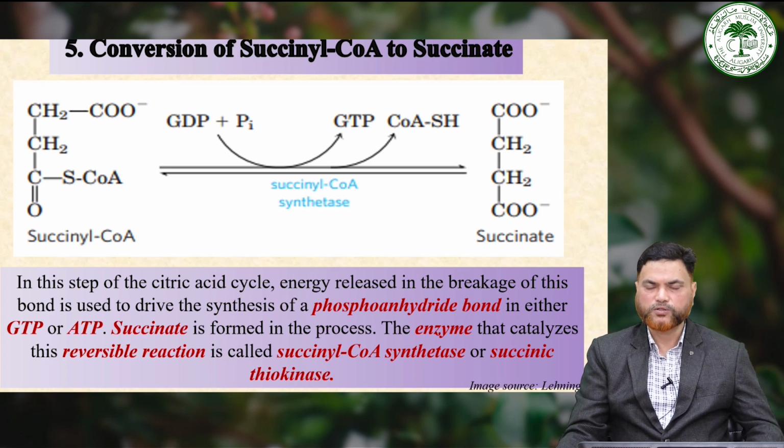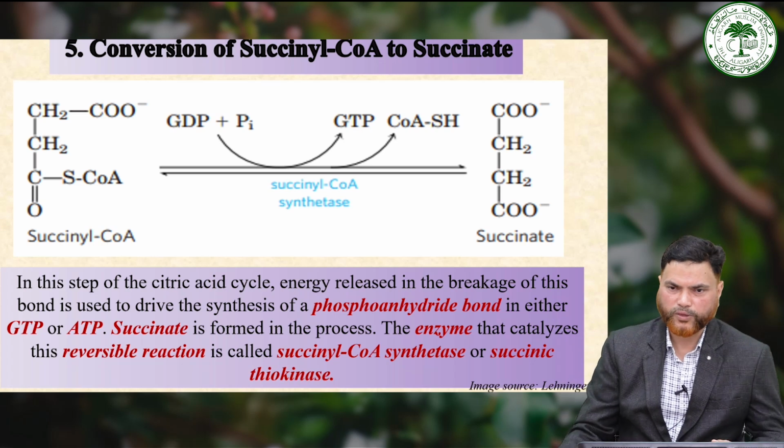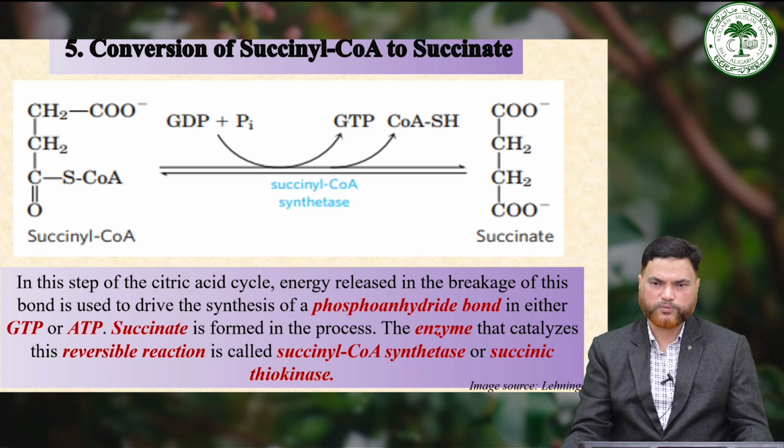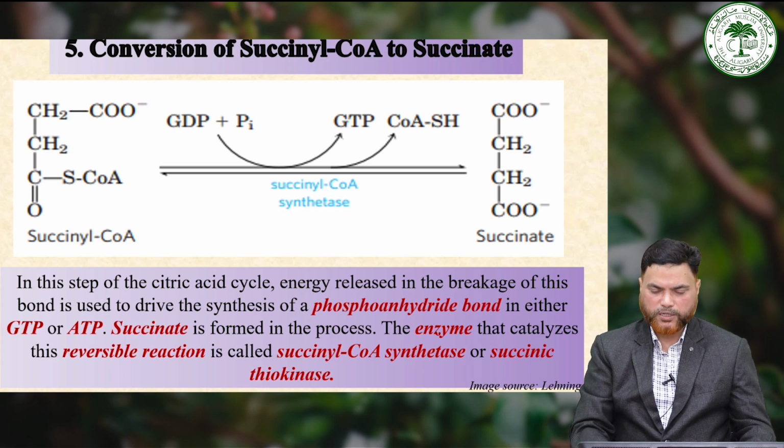That is why they donate a phosphate group to ADP to form ATP. So, the free energy of hydrolysis for succinyl coenzyme A and GTP or ATP are very much comparable, and notably this reaction, along with certain reactions in glycolysis, plays a crucial role in cellular metabolism.